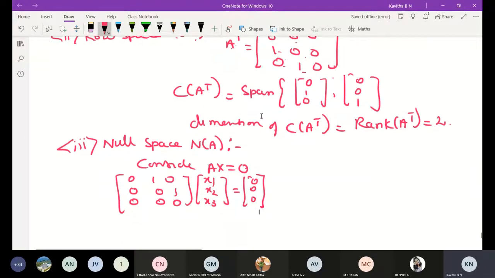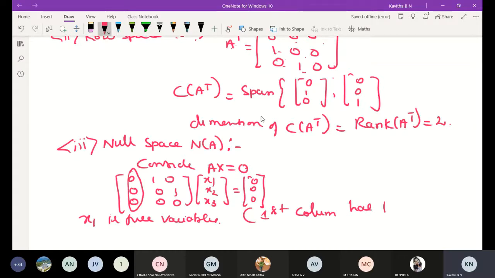Then multiply here. What will we get? Observe here, x1 is a free variable. The first column has no pivot element.